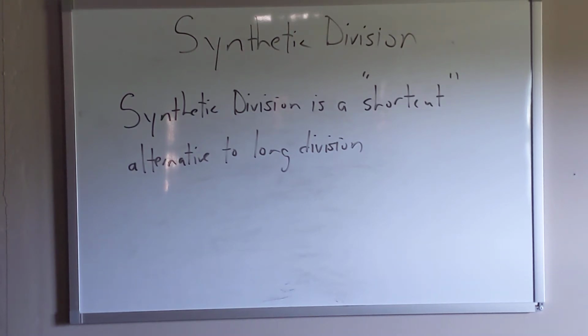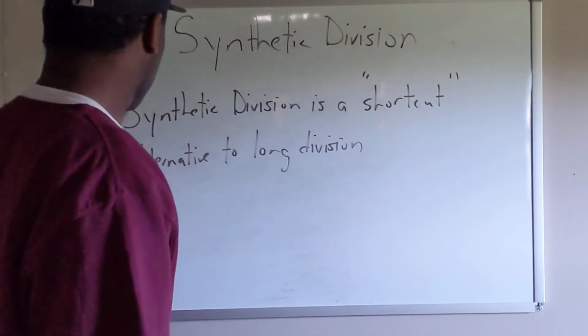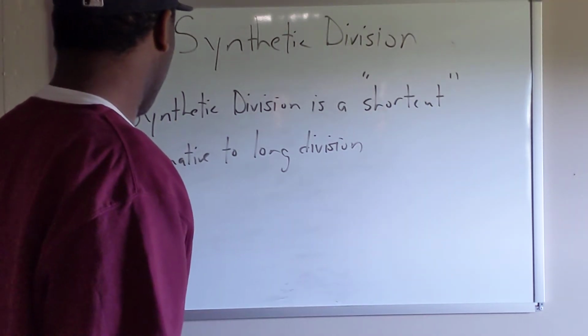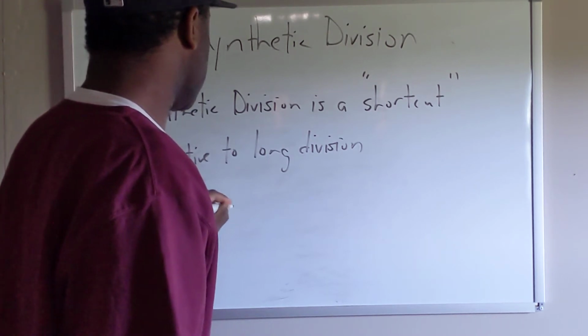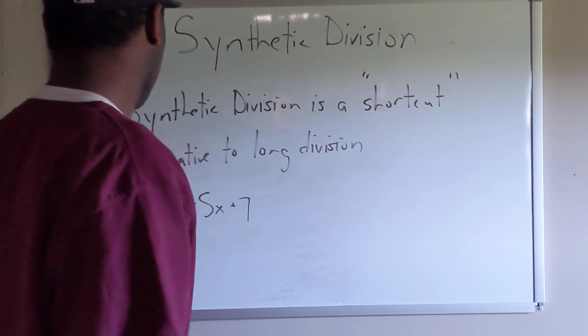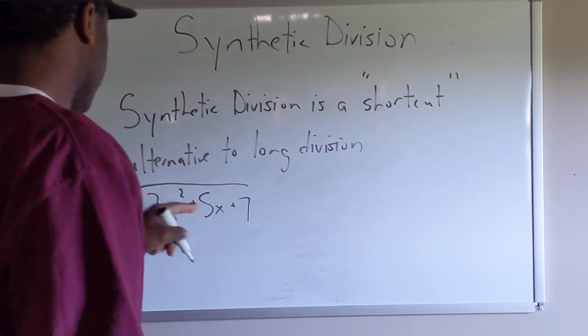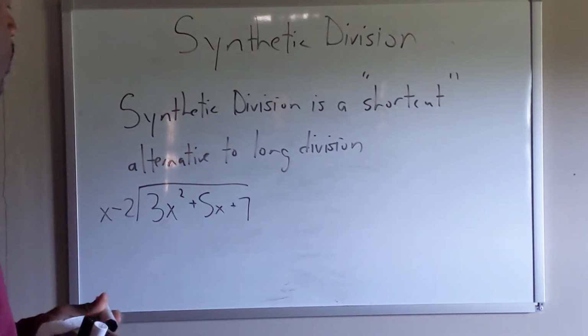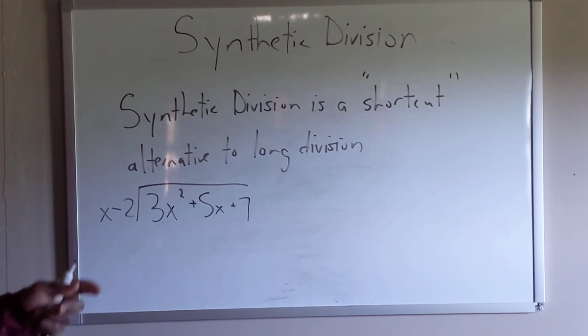Now, before, when we had long division, I'll give an example. We would have 3x squared plus 5x plus 7, and just say we said divided by x minus 2. We went through all of our long division motions.